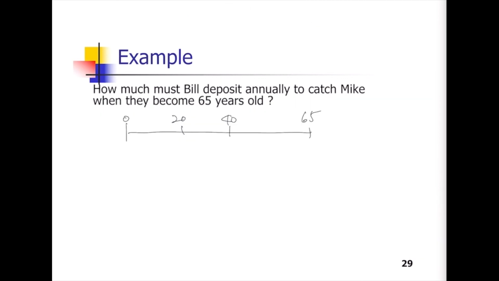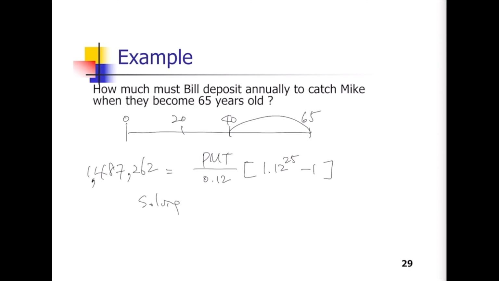So from the equation, we don't know the PMT, but we know the I, 12%, right? And 1 plus I is 1.12, and N is 25 years, right? And minus 1, and solving for PMT is the answer to this question.